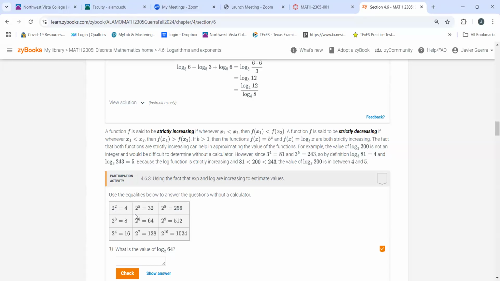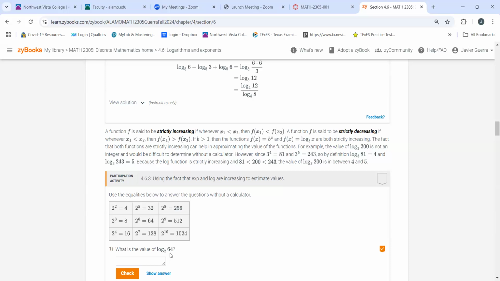So 2 to the second is 4, 2 to the fifth is 32, 2 to the eighth is 256, 2 to the third is 8, and so forth, right? So we can approximate what the value is at certain logs with different bases. Well, in this case, they're bases of 2. That's why we have all the bases of 2, so we can evaluate it.